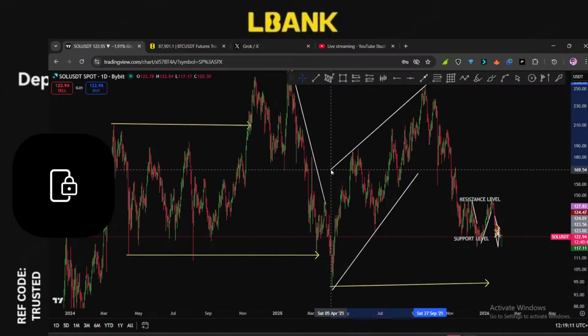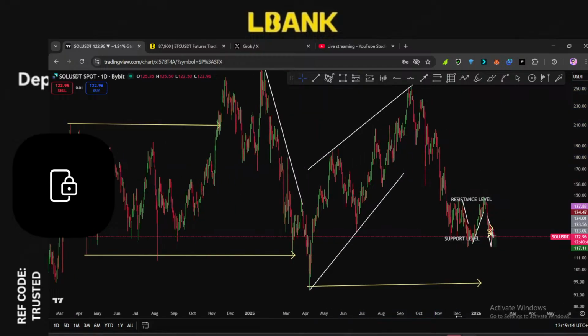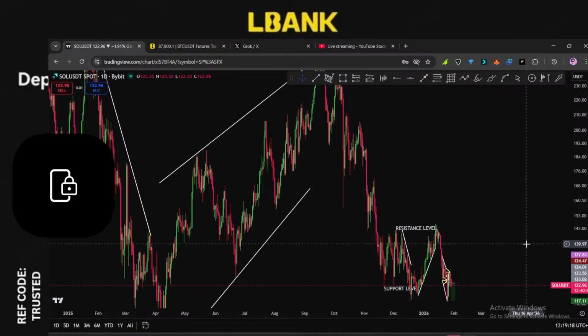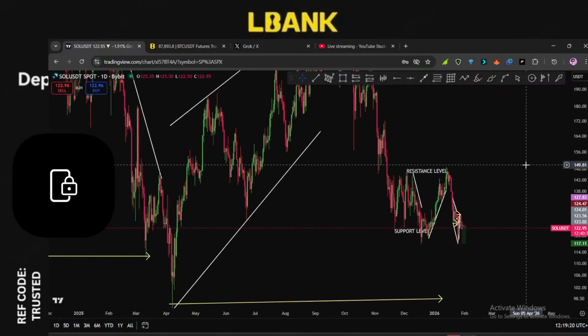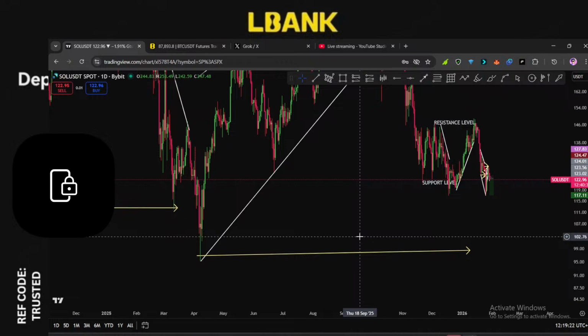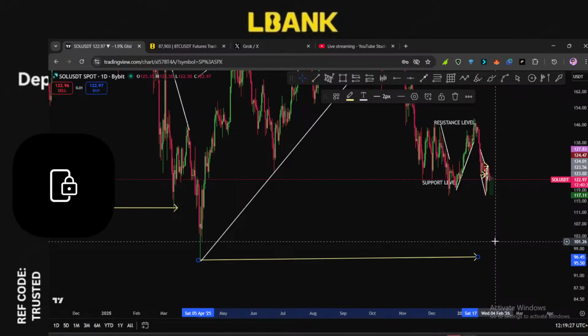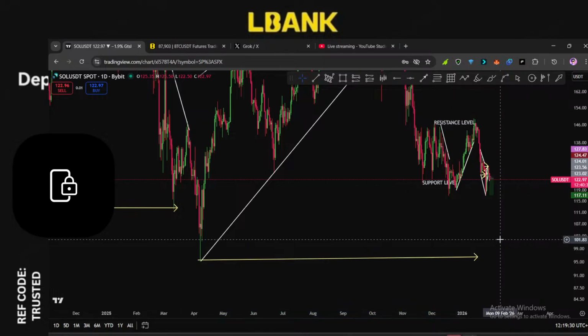So this is what the daily time frame looks like on Solana USDT. We need to break this support level to come and fill in the 90% rule of this reversal pattern that was just created.